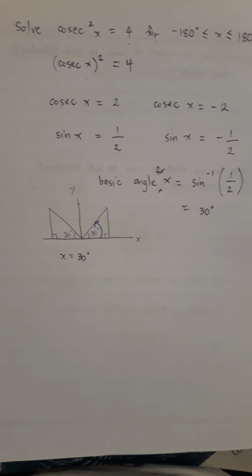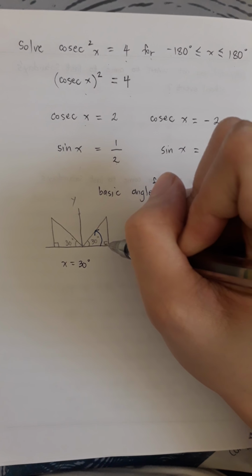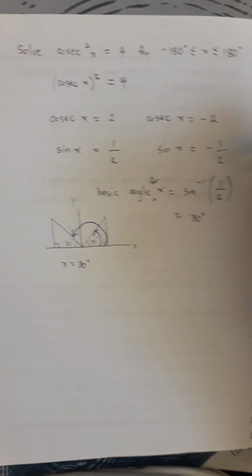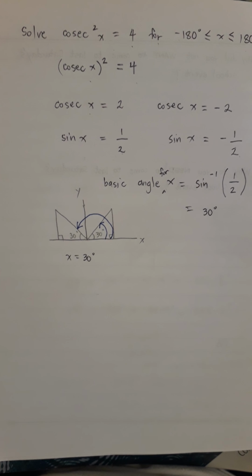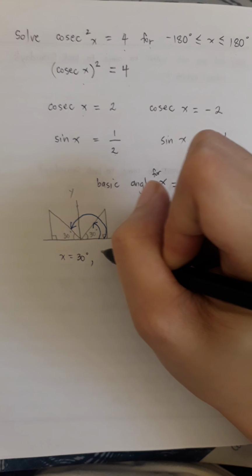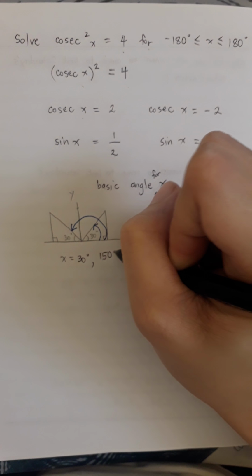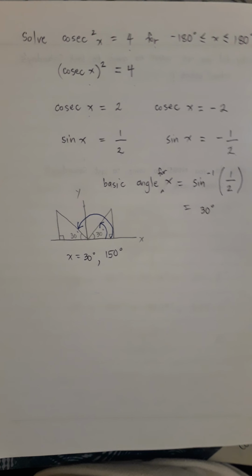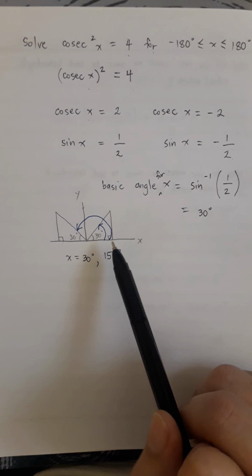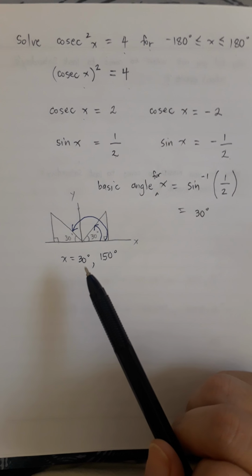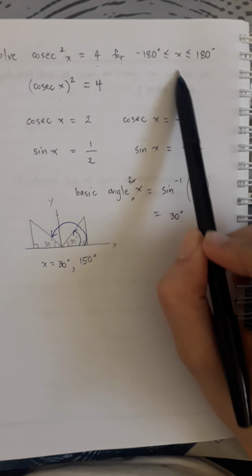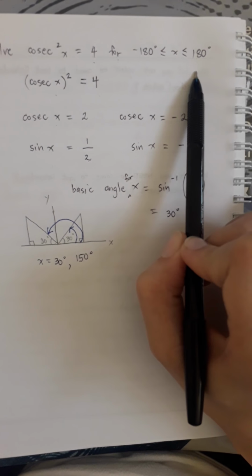Now from quadrant 2, this angle is 180 degrees minus 30 degrees, and that is 150 degrees. It also satisfies. Can we go more than one rotation, more than 360 degrees? No, we can't, because the maximum is 180 degrees.